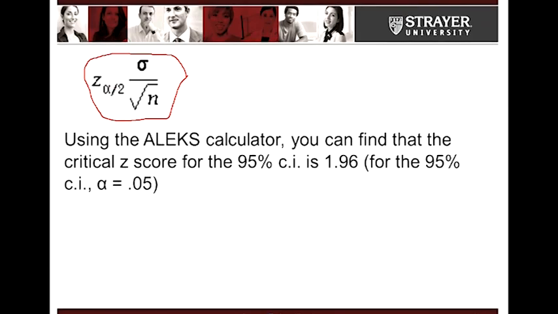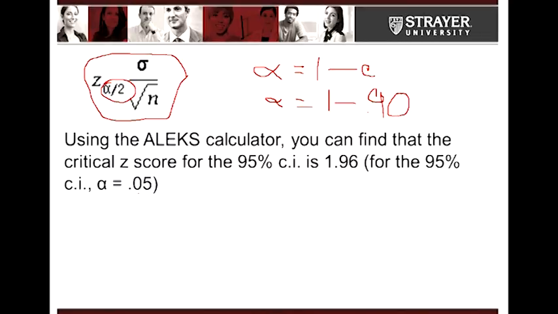They put Z sub alpha over 2, and alpha equals 1 minus C. So in our problem, the confidence level is 0.95, and so alpha is 0.05.